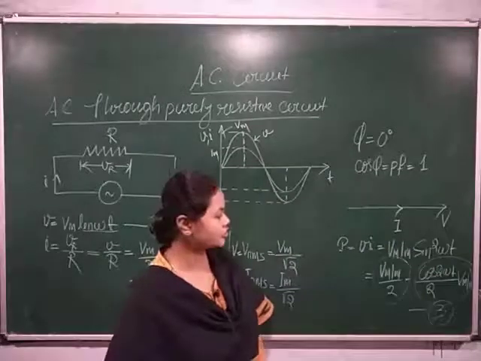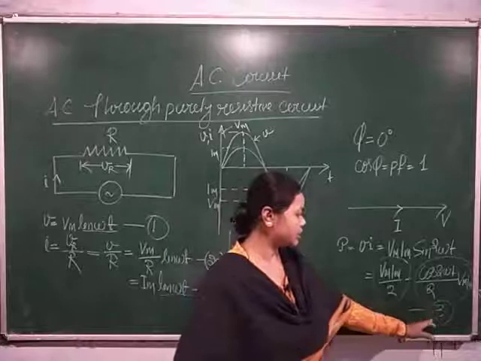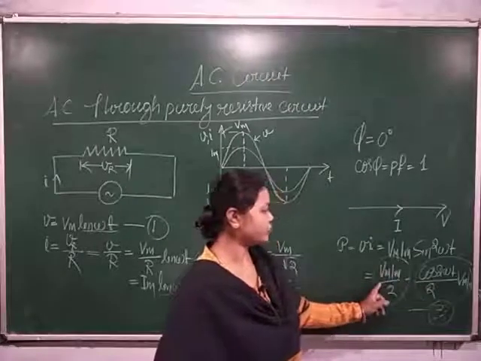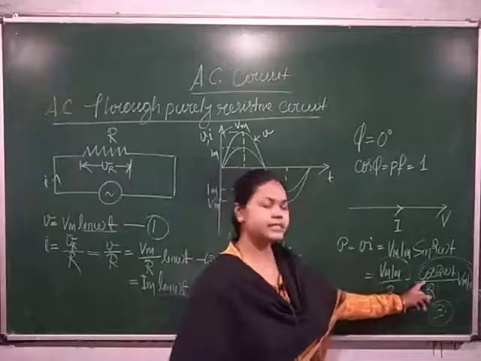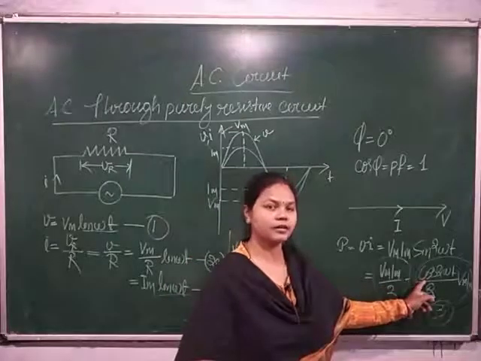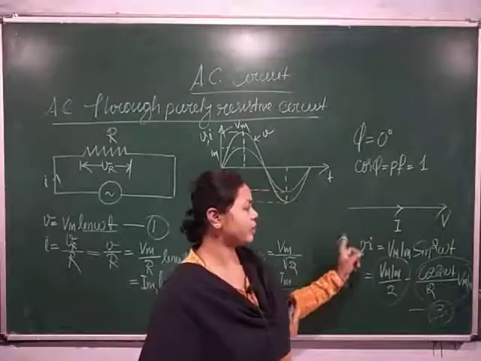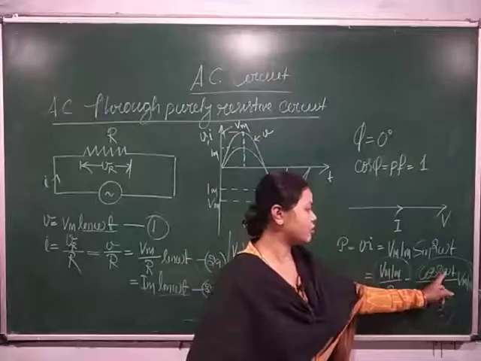Again I repeat, students, from equation number 3 you get two parts: Vm Im by 2, the constant part, and from the second part you get the conclusion that the frequency of power is 2 omega t.